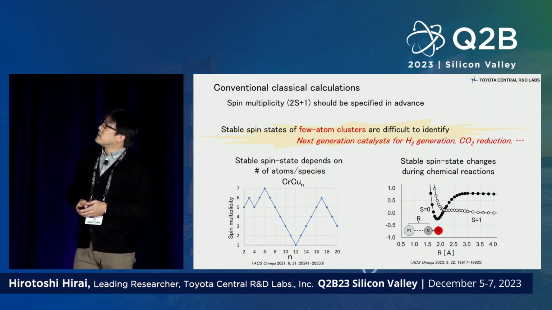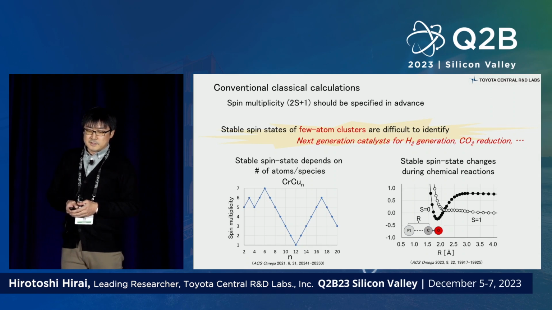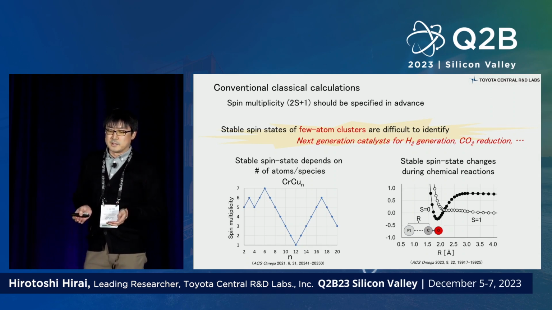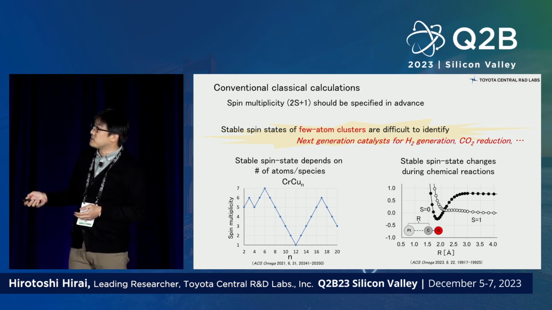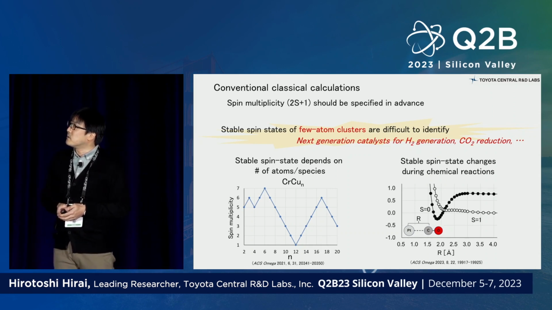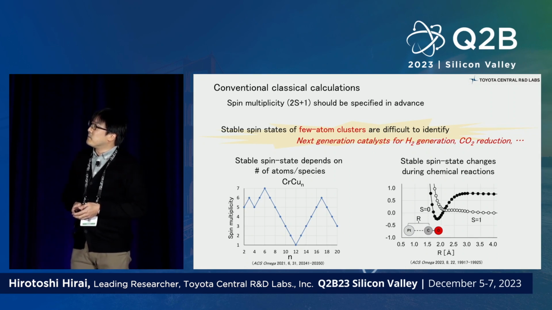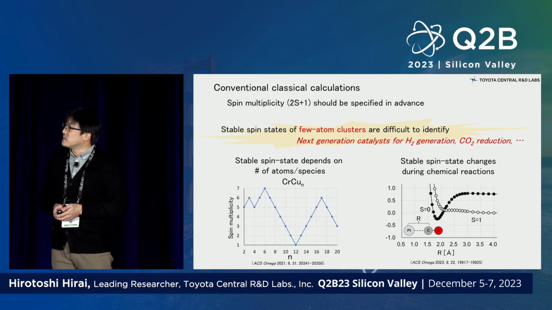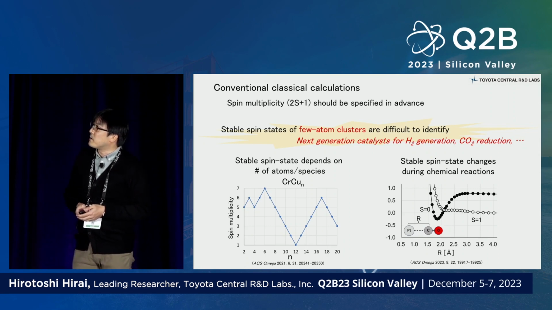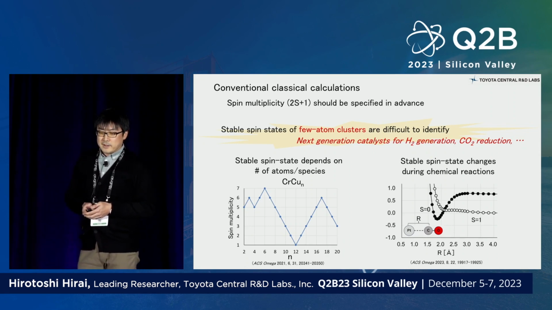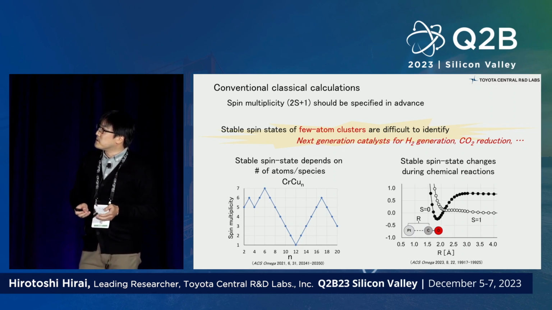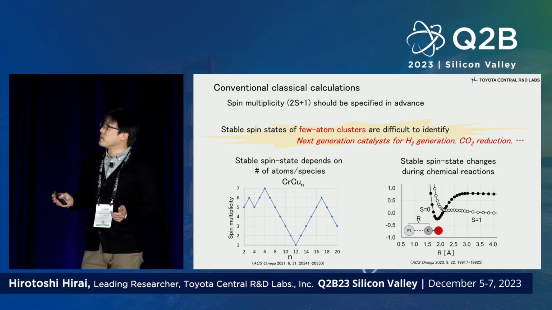These are difficult because the stable spin state depends on the number of atoms and atomic species. This graph, the left graph, shows the spin multiplicity of chromium copper alloy clusters, and they have very complicated spin multiplicity depending on the number of copper atoms. And another reason is that the stable spin state changes during chemical reactions.